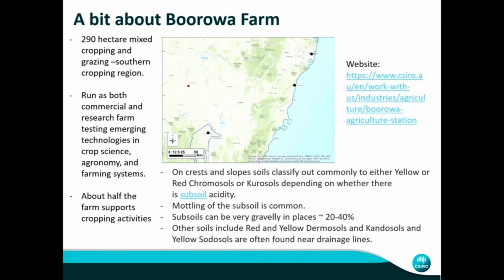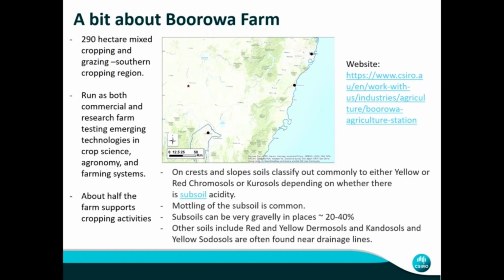So in general, for the soil people here, as Mark said before, it's gently rolling country, with low 1 to 3% slopes. Most of the soils, depending on the subsoil acidity, are chromosols or kurosols, and on the lower parts of the landscape, you start to see more consistent soils, less texture contrast.